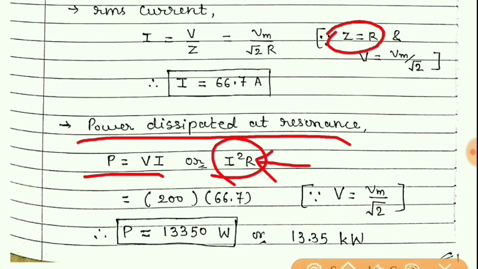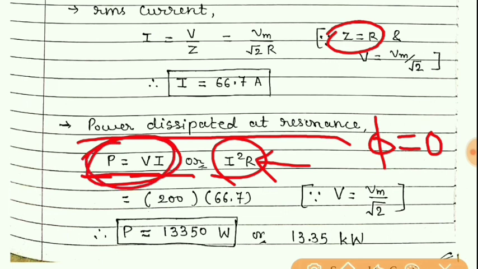Now students, we know the formula for power P is VI cos phi, but here phi is equal to 0 and therefore cos phi will be 1, and that's why power is given by V into I.